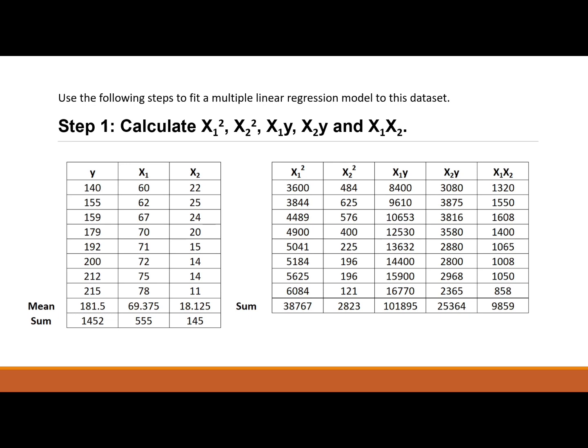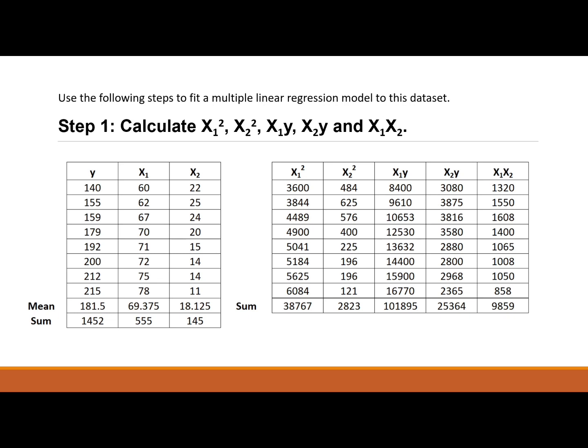In getting the mean, we take the total and divide it by the number of values, the n. The total is 1,452 divided by 8. We get the mean of 181.5.